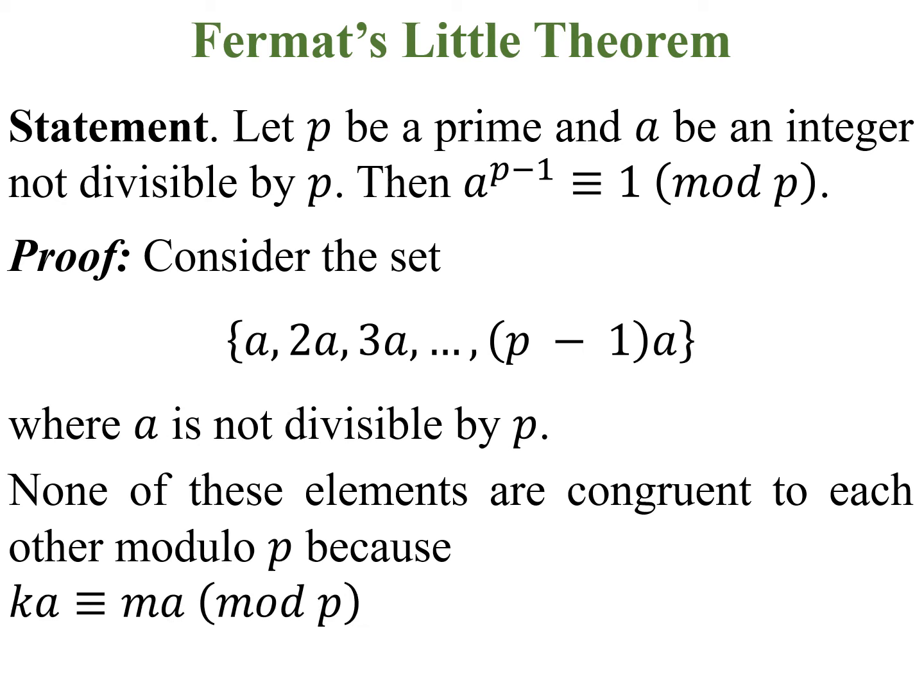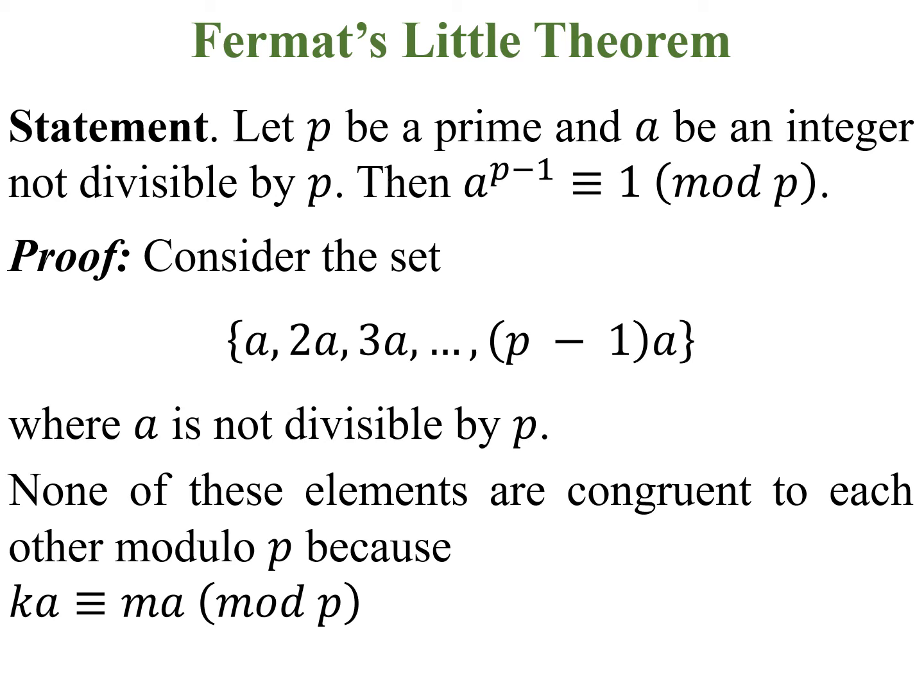What is the reason? Suppose Ka is congruent to Ma modulo P. Suppose there are two elements in this set, namely Ka and Ma, which are congruent to each other modulo P, where A is not divisible by P and P is prime.